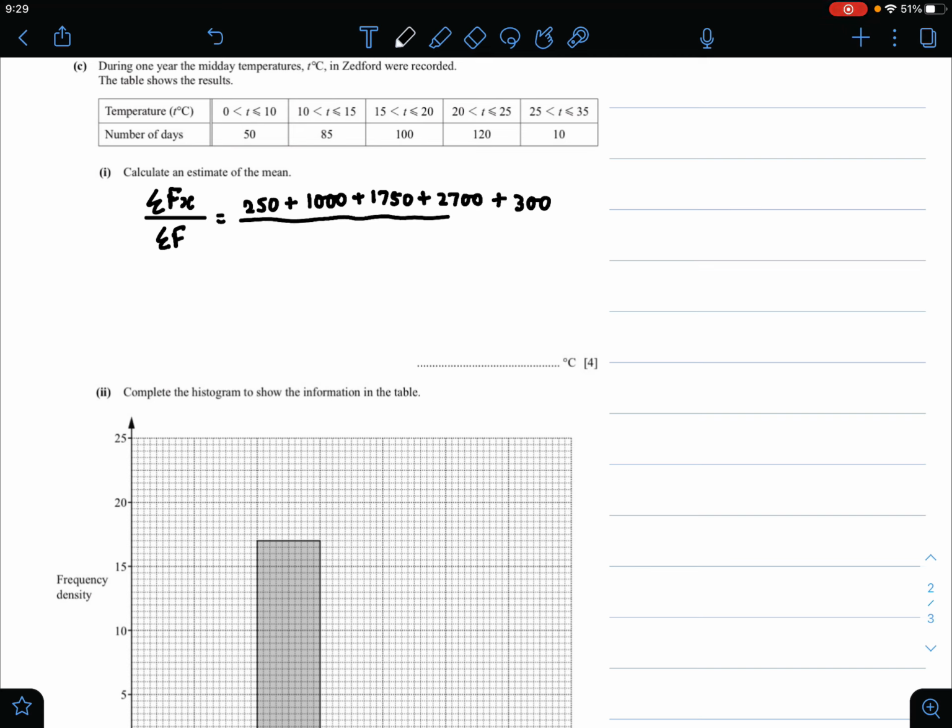So, and the whole thing divided by the total of the frequency, so that is 50 plus 85 plus 100 plus 120 plus 10, so that is equal to 365 days.